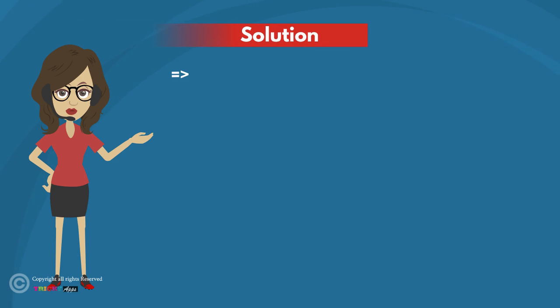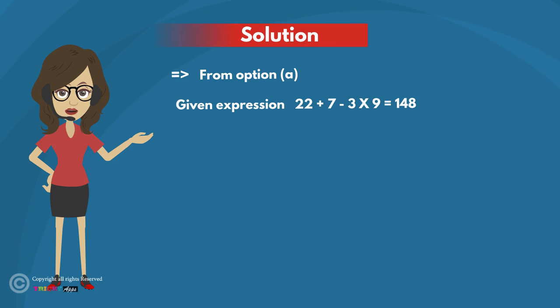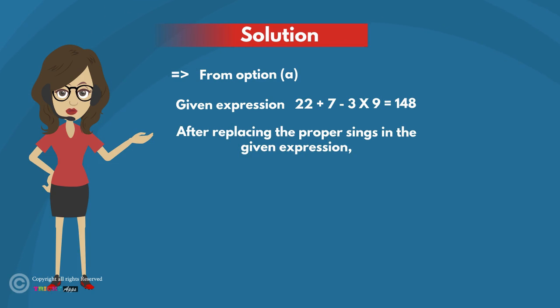From option A, the given expression is 22 plus 7 minus 3 into 9 is equal to 148. After replacing the proper signs in given expression, we get 22 into 7 plus 3 minus 9, that is 154 plus 3 minus 9, and that is 157 minus 9, which is 148.